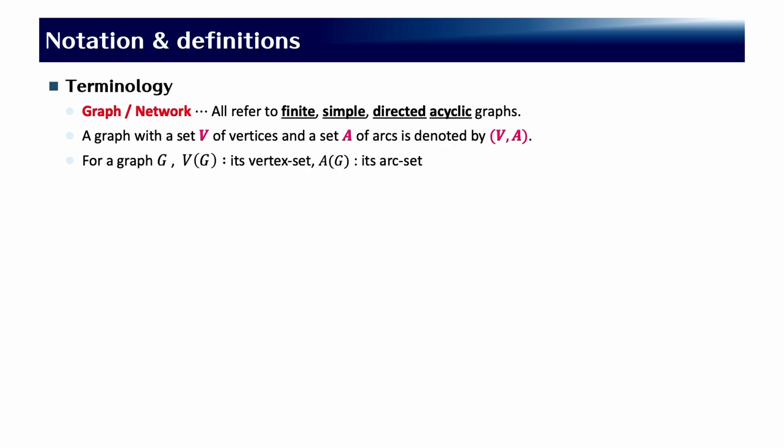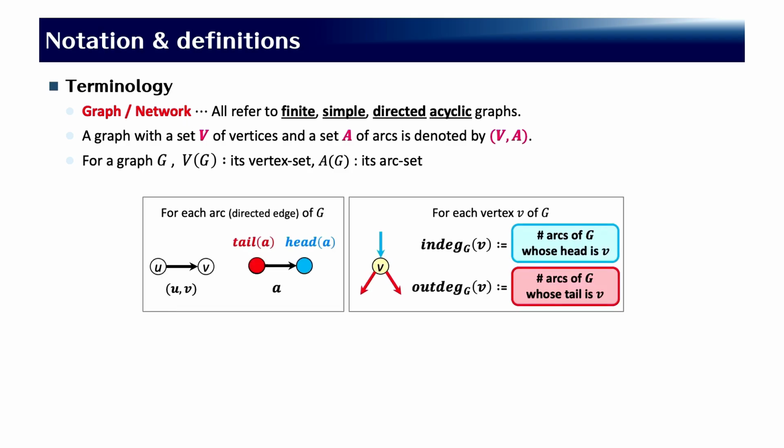As I said, a graph is defined to be a pair of sets of vertices and arcs. So a graph having a set of vertices V and a set of arcs A is denoted by an ordered pair of V and A. Also, given a graph G, V(G) represents the set of vertices of G, and A(G) represents the set of arcs of G. This is also a standard graph theoretical notation.